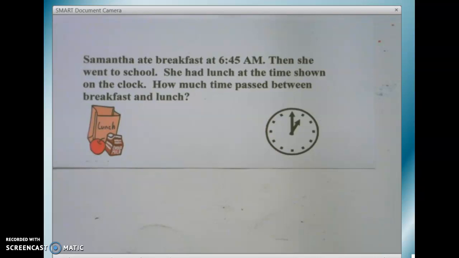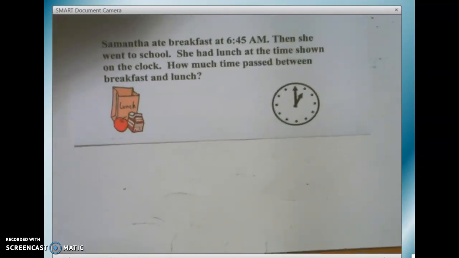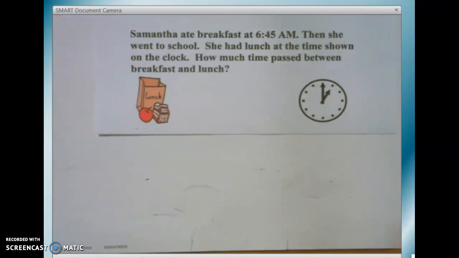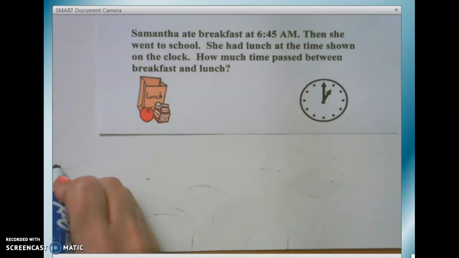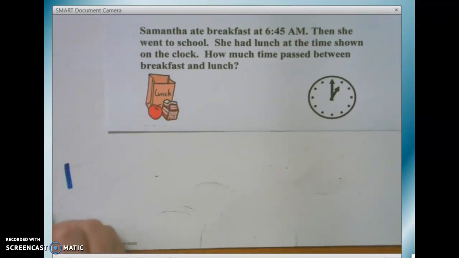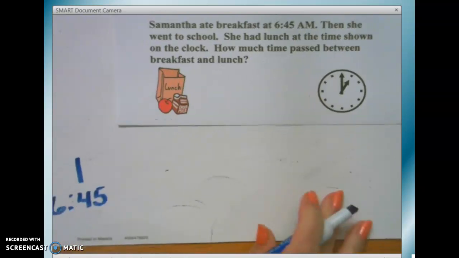She ate at 6:45 a.m. So let me zoom this out a little bit more. 6:45 a.m. is our start time, when she ate breakfast.